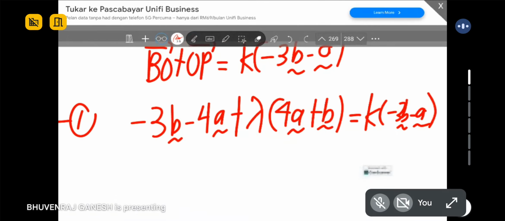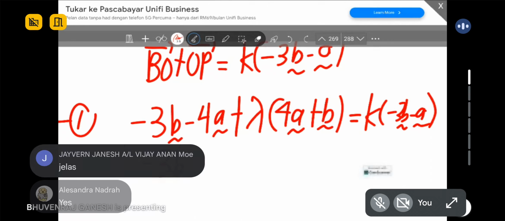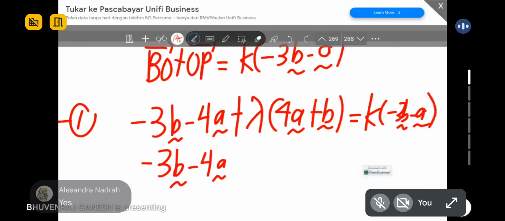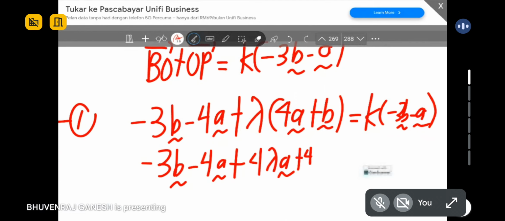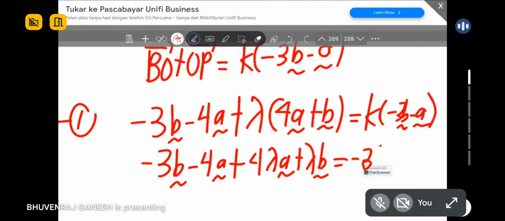All of you clear how I'm solving? So far the steps? Yes or no? Okay, so now I just expand it: 4 lambda A plus lambda B equals negative 3KB minus KA.